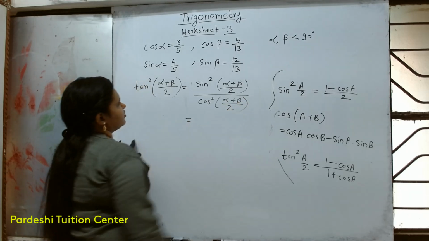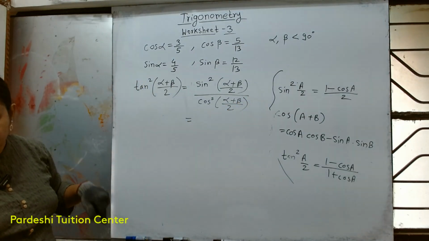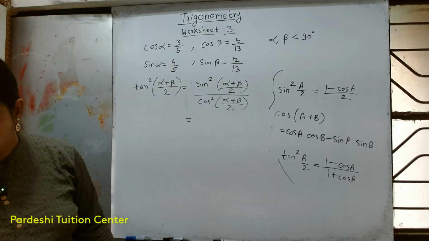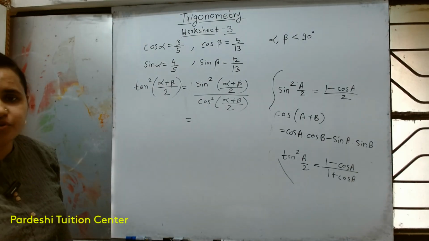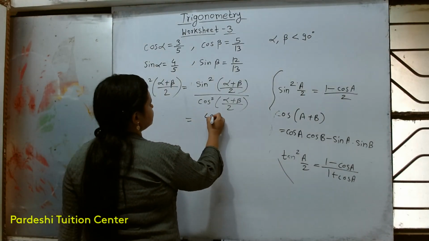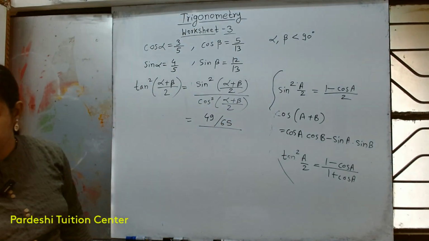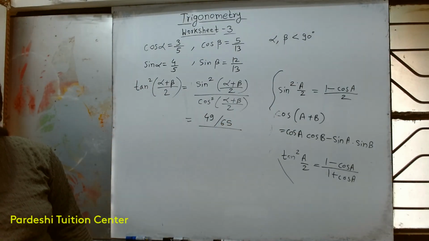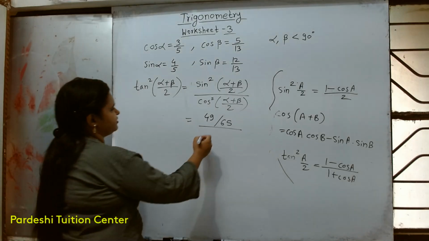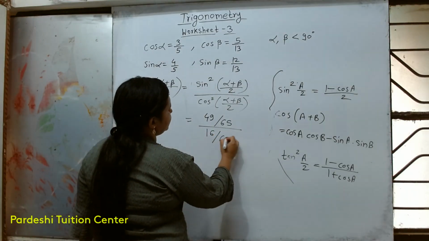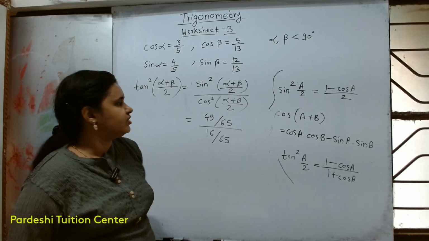What was our sin square (alpha plus beta) by 2? It was 49 by 65. Directly putting the values, cos square (alpha plus beta) by 2 was 16 by 65. We calculated these in questions 17 and 18.